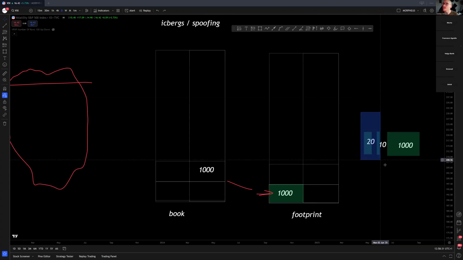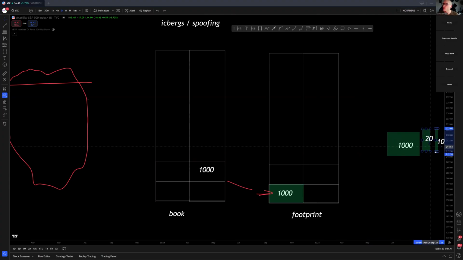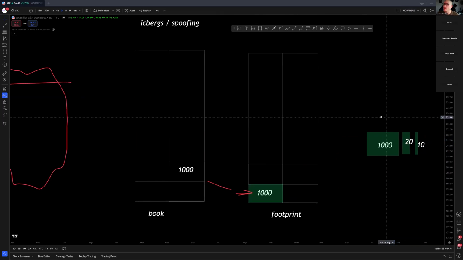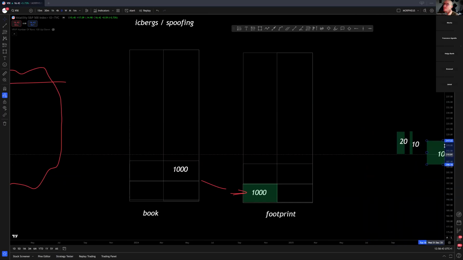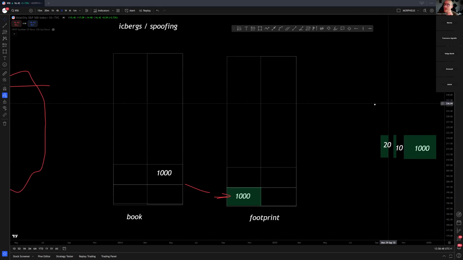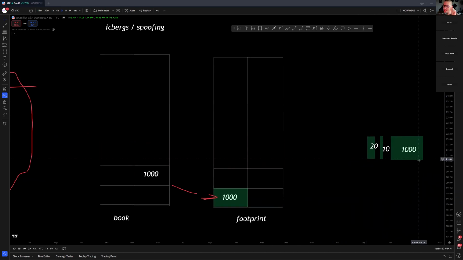But probably he will have other people in the queue. So what he will do is delete these 1,000 orders in a matter of a millisecond and replace them. So he's going to cancel it and replace it, cancel it and replace it. So he makes sure that he's always at the back of the queue and he never gets his order actually filled. Do you understand how crazy this is?